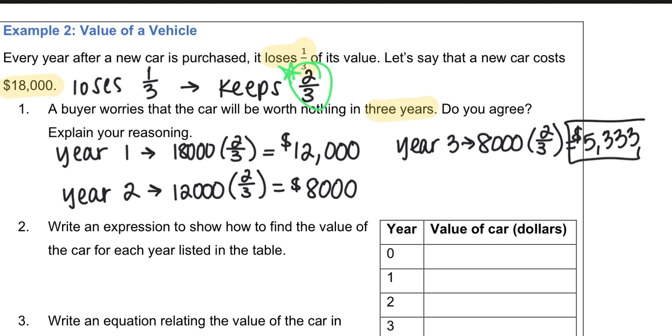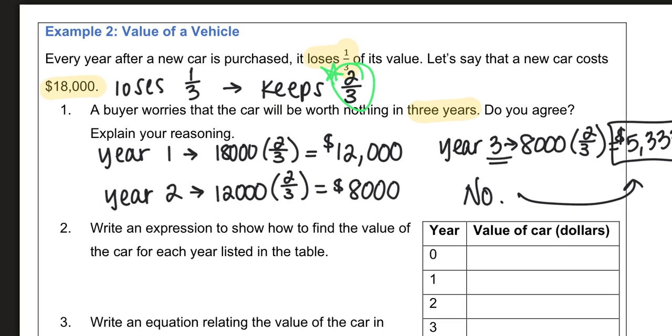So that would be its value after 3 years. Okay, so it said the buyer was worried it will be worth nothing. So do we agree with that? No, because it is still worth $5,333.